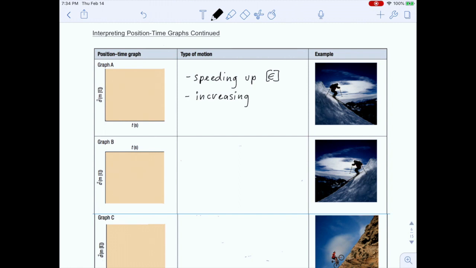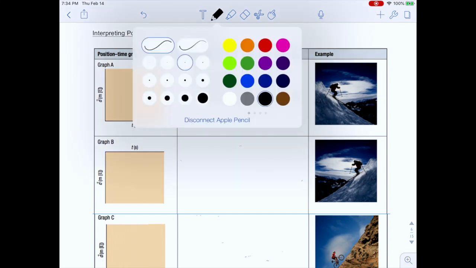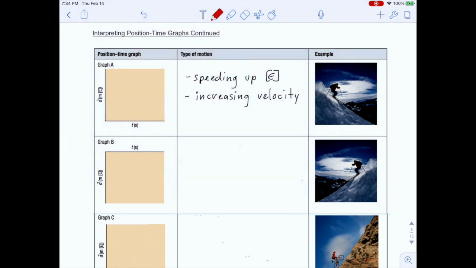So the object has increasing velocity. Since velocity is equal to slope, we have to show an increasing slope over time. And the graph looks like this. It's an upward curving graph, and if you notice, the steepness of this line increases as time goes on.